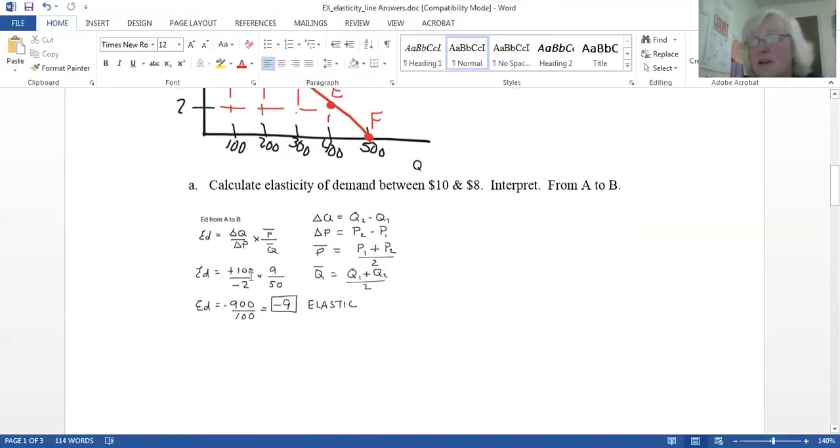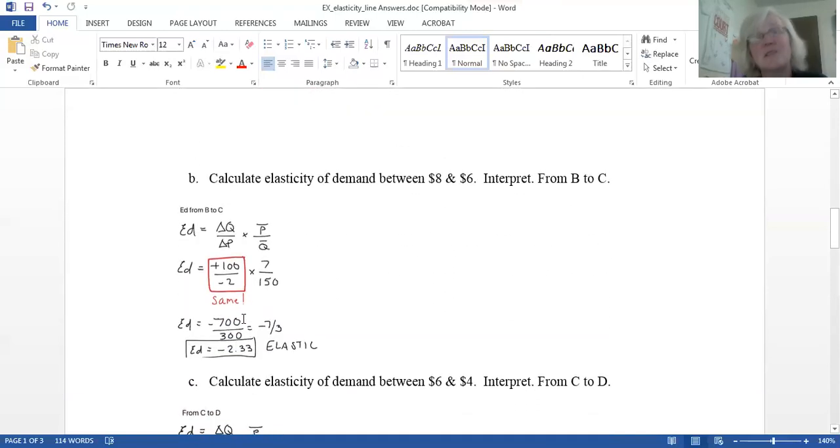Let's go back right here. 100 over minus 2. It's the same. And that's because the slope of a linear demand curve is constant. And as I pointed out in the first lecture video, go back and watch it if you need to remember this, right? That first part is not slope. The 100 over negative 2 is not slope, but it's actually the inverse slope of that demand curve.